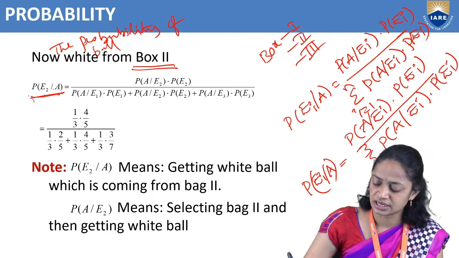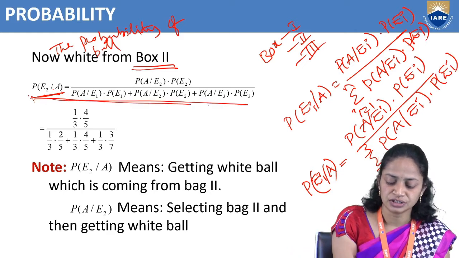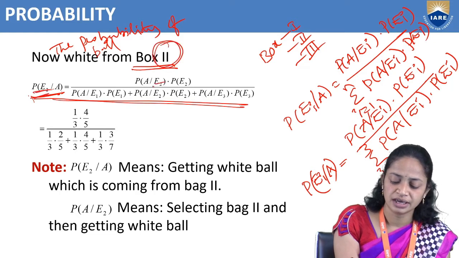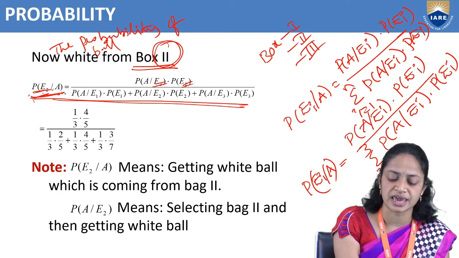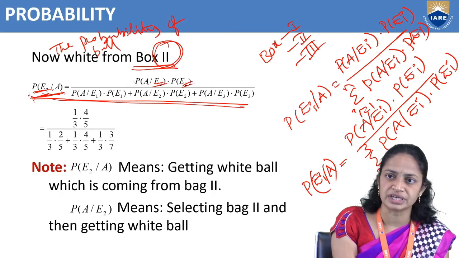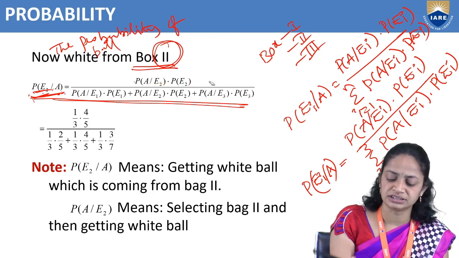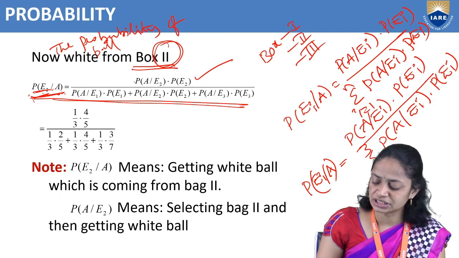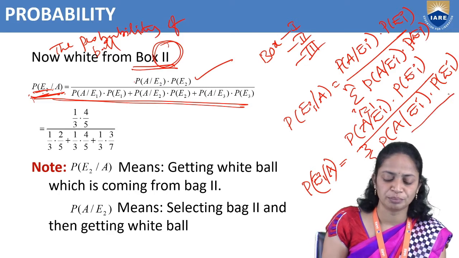So we substitute I equal to 1, 2, 3 here. Since we are choosing only box 2, that's why we write E2 here. So the probability of E2 divides A equals the probability of A divides E2 into P of E2, divided by the summation I equal to 1 to n of probability of A divides EI into P of EI.